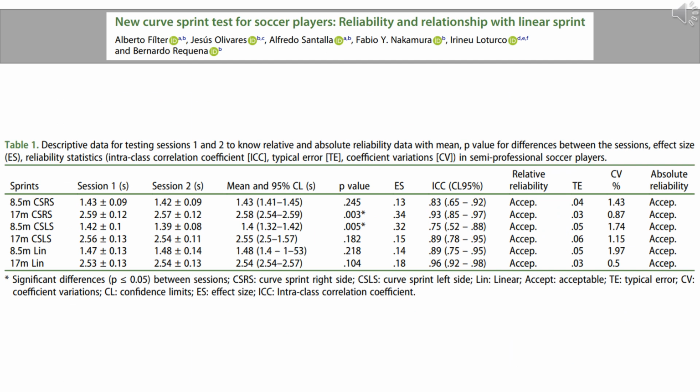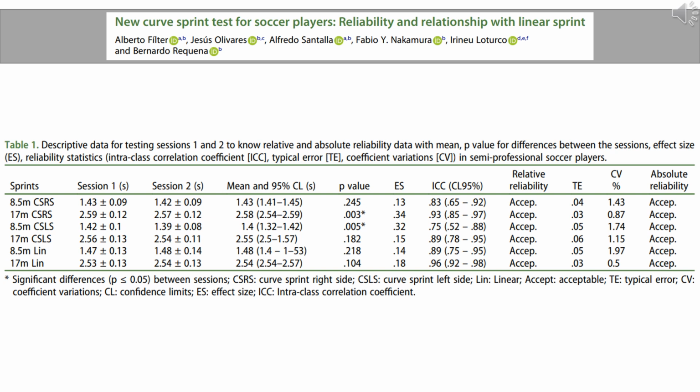And because curve sprinting is a relatively new concept within the field of sports science and strength and conditioning, I think it's expected that there isn't, to my knowledge, a systematic review looking at the reliability of curve sprinting, and that's probably because there aren't enough studies that have been done yet. But in this particular study, they were looking at the between session reliability for different distance curve sprinting.